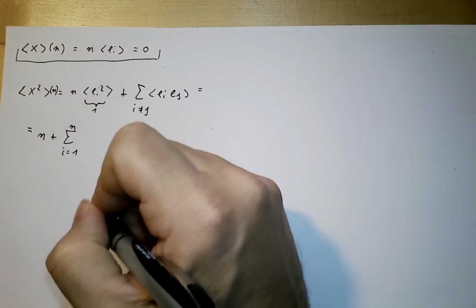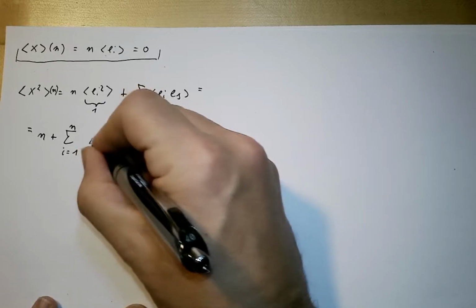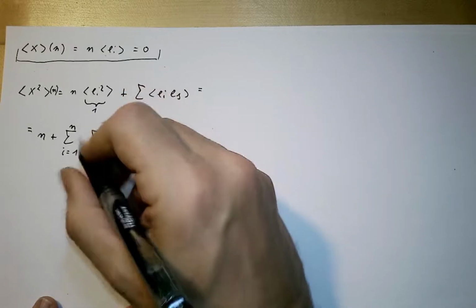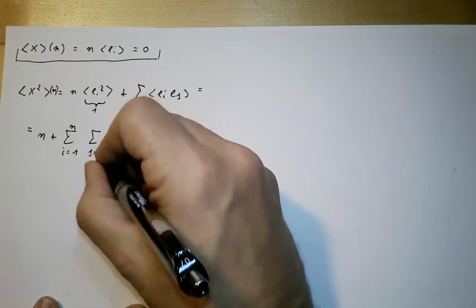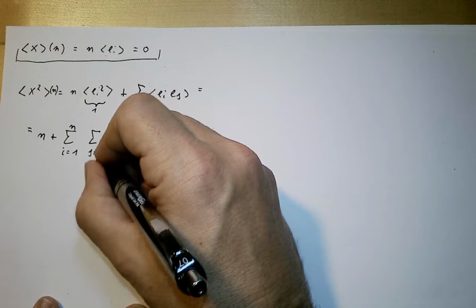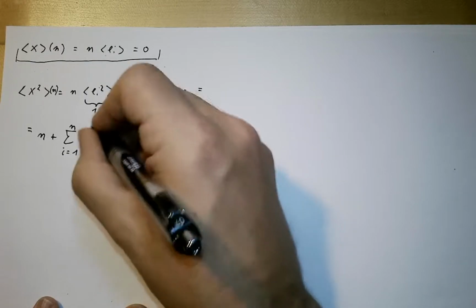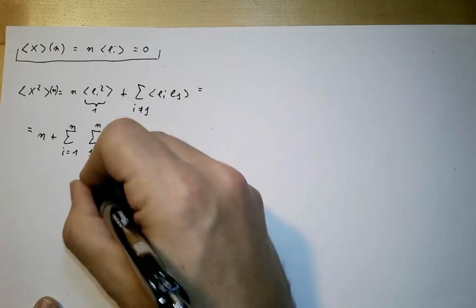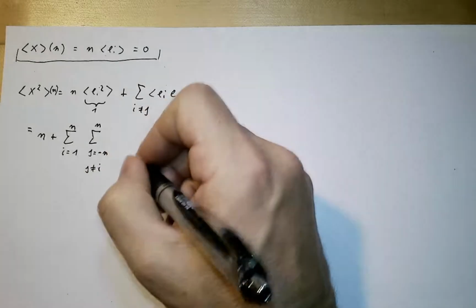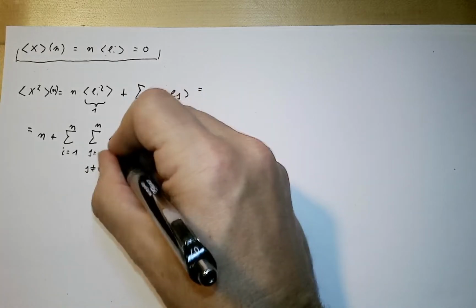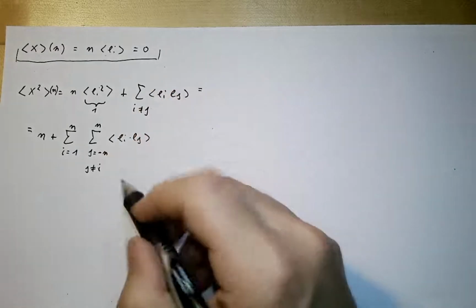And then we sum over all j's, and j goes from minus n to plus n, but j should not be equal to i, and then we have this ei times ej.